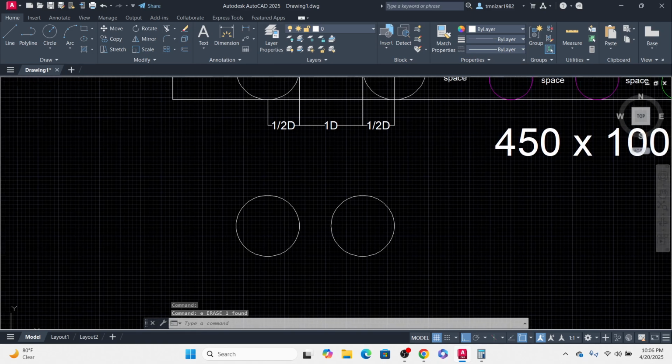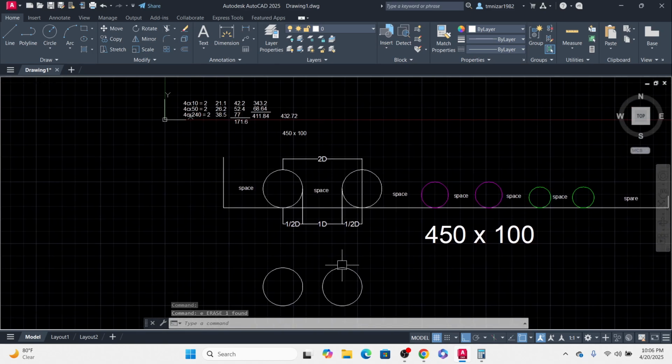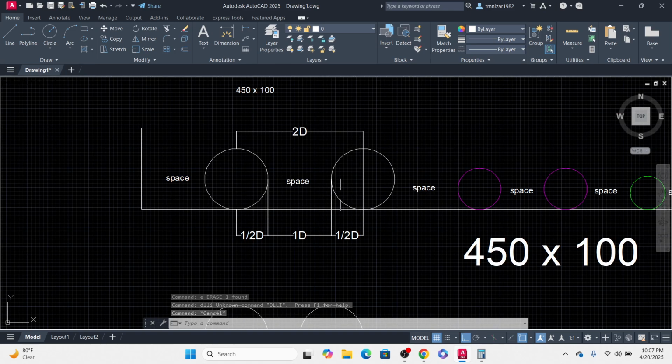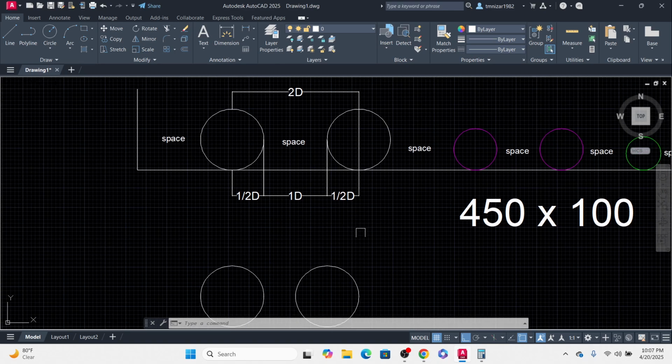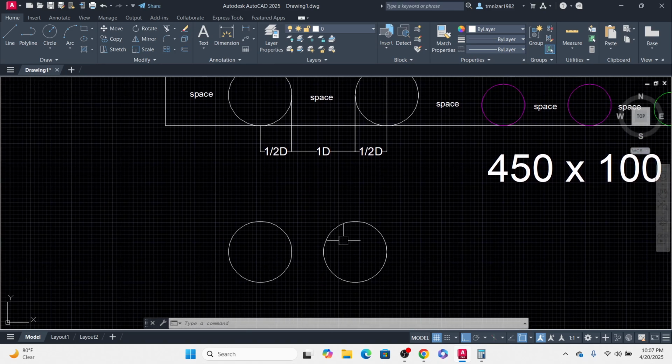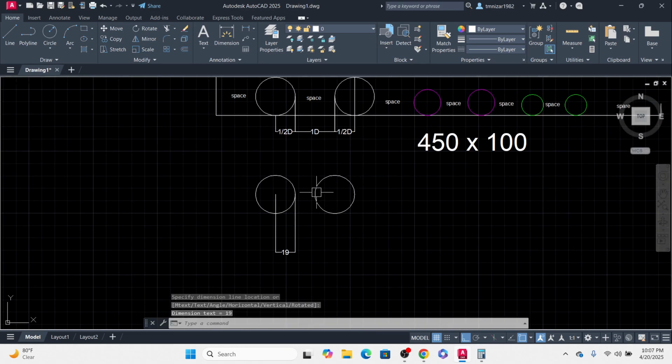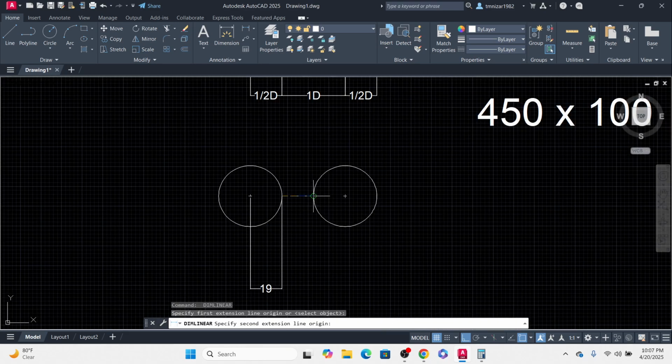This is meaning, sorry, half D. That meaning this is one and this is one.